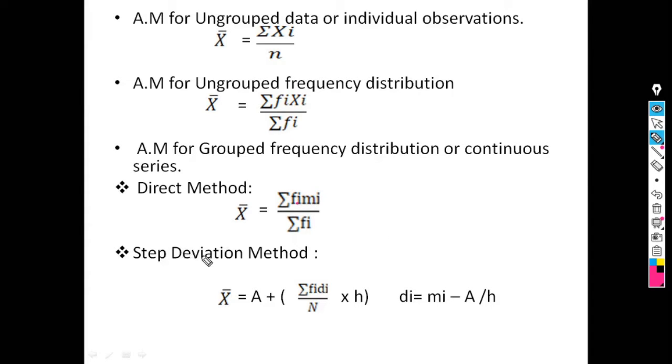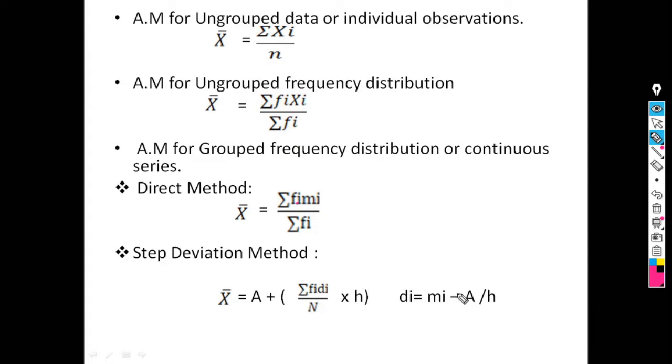And the formula for arithmetic mean for step deviation method is x bar is equal to a plus summation of fi into di upon n into h, where n is summation of fi. H is class width, which is calculated by using the formula upper boundary minus lower boundary. Di is given by di is equal to mi minus a upon h.